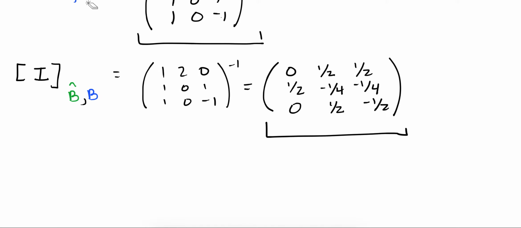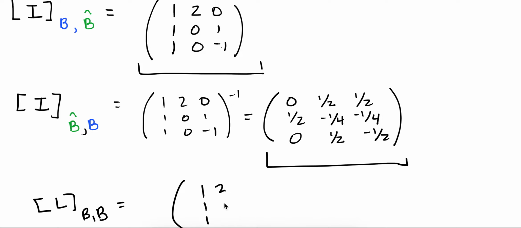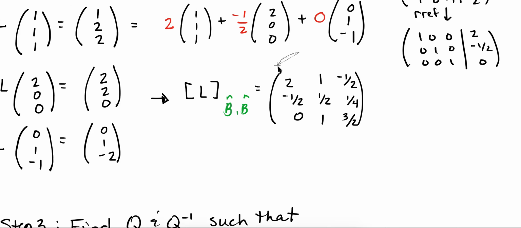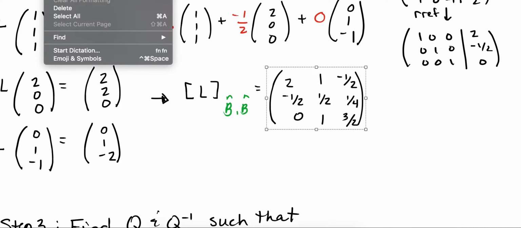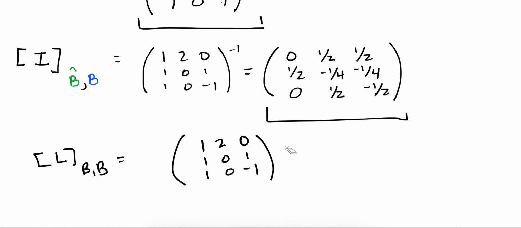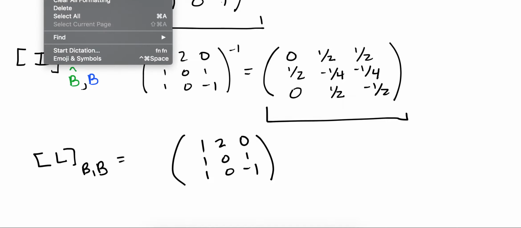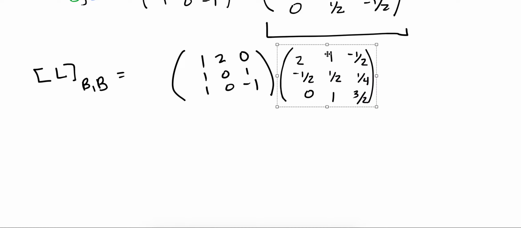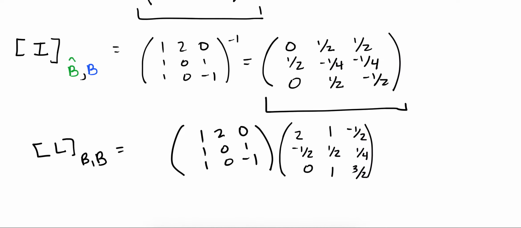Okay, so I claim that L in terms of B is equal to 1, 1, 1, 2, 0, 0, 0, 1, negative 1, times the matrix we found for L B hat, which if I scroll up, I'm going to copy this, put it here, and then we multiply by this matrix here.